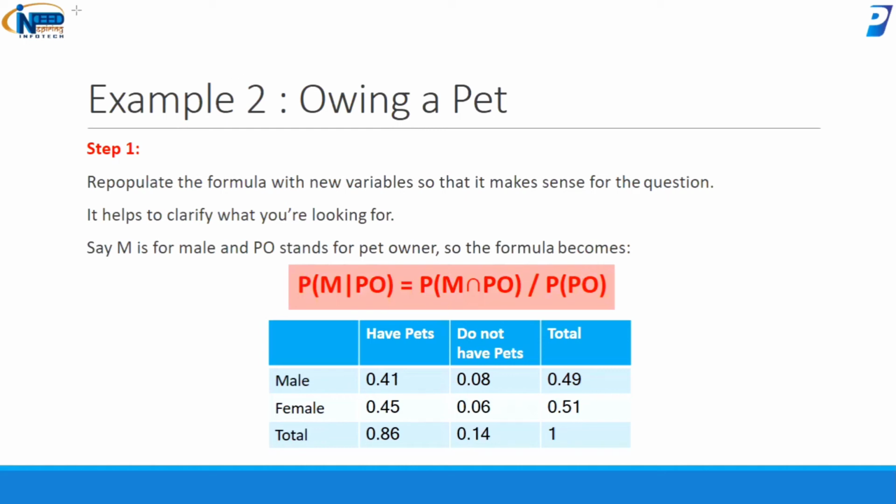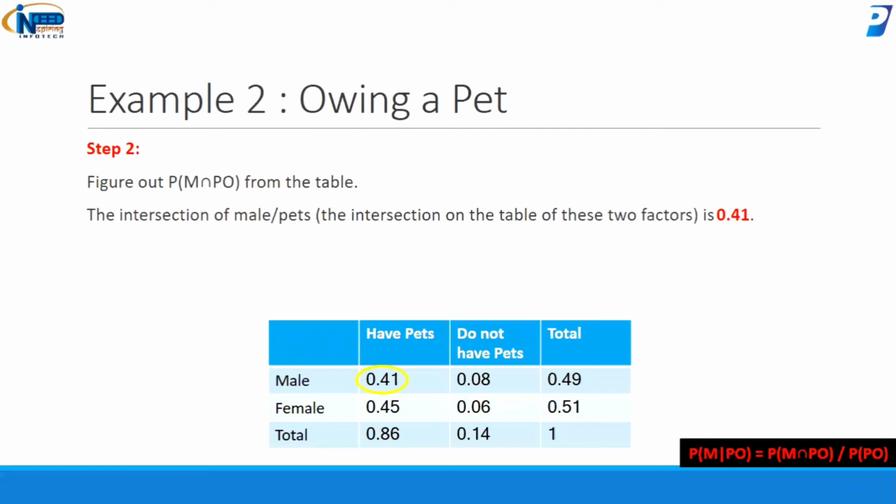Now the next step. I have displayed the table in all the slides so that we are able to understand each and every step. The second step is to find the probability of M intersection PO, the probability of males who are pet owners.